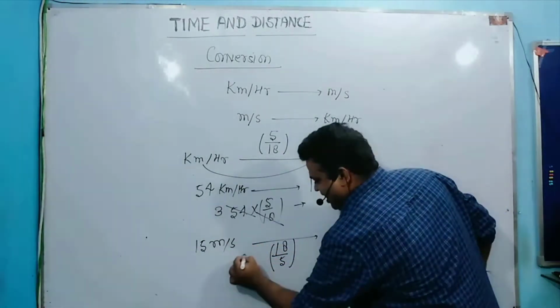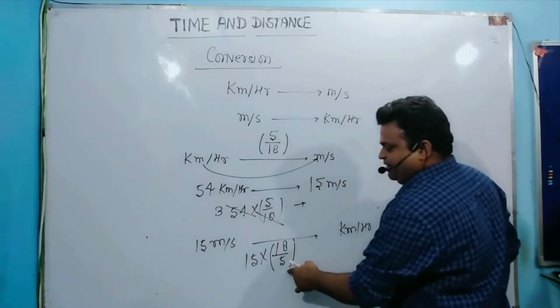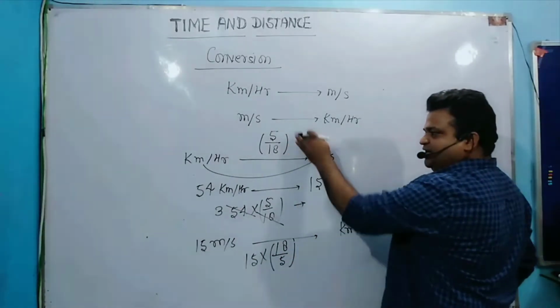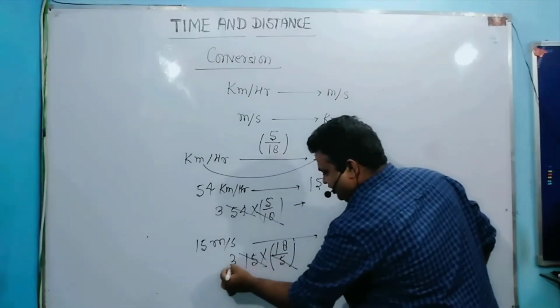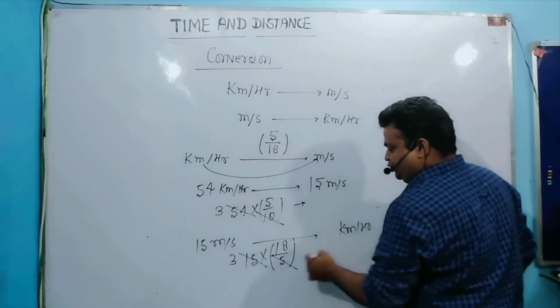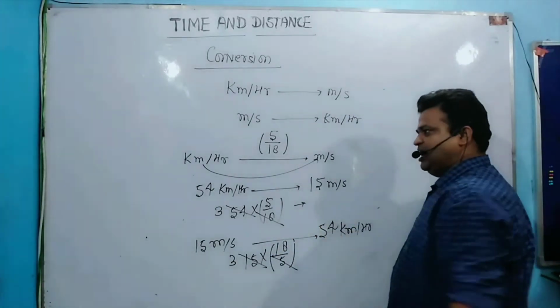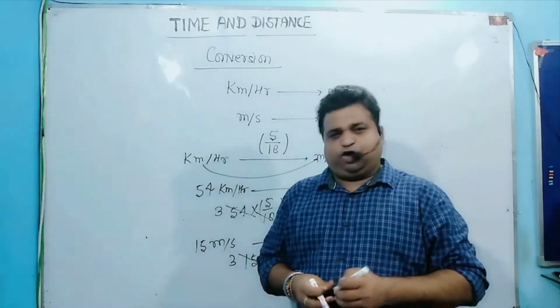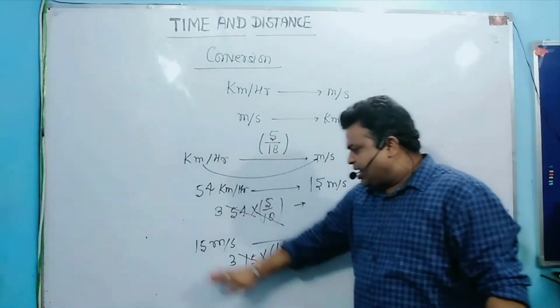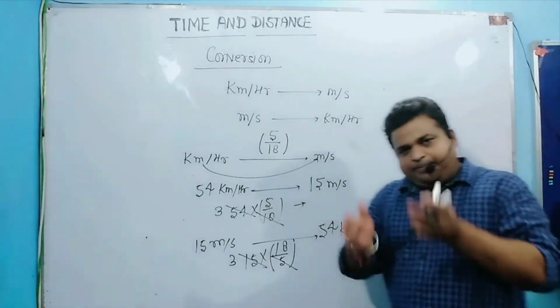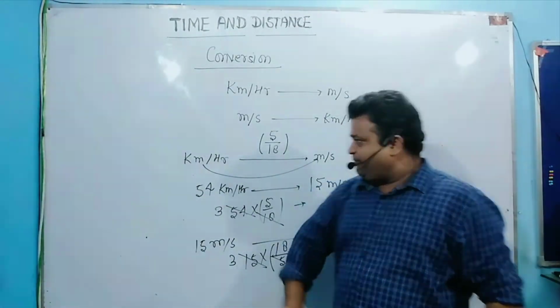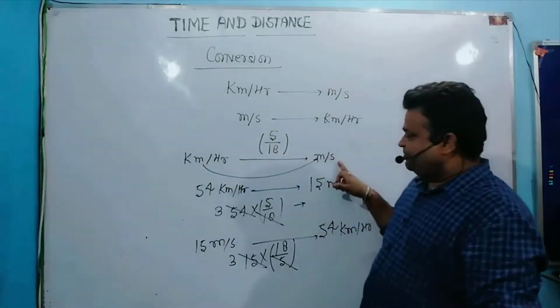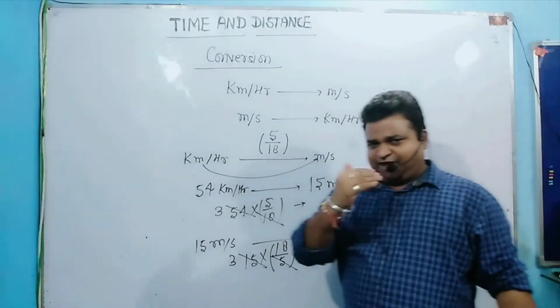So if I multiply this 15 by 18 by 5, just reverse this value. 5 3s are 15, you will get 3. 3 into 18, 54 kilometer per hour. So this is how you convert kilometer per hour into meter per second, and meter per second into kilometer per hour. The important thing to remember: when you convert kilometer per hour into meter per second, the multiplying factor is 5 by 18.